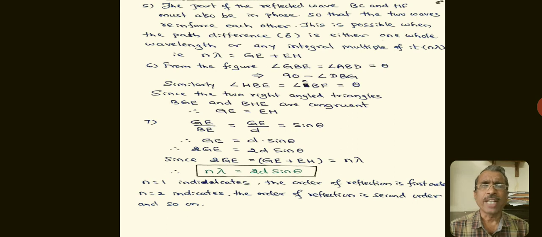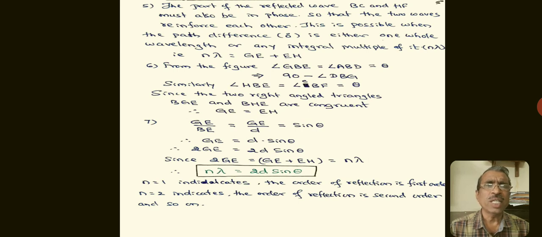We can also write GE upon BE, where BE is the distance between the two planes, which we write as small d, equal to sine theta. Therefore, GE is equal to d into sine theta.